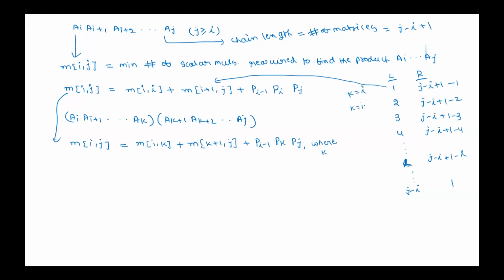K equal to i plus 1 means two matrices on the left side. K equal to i plus 2 means three matrices on the left side. I plus 3 means four matrices. It goes like this, no? So what is the final value k can take? J minus 1.